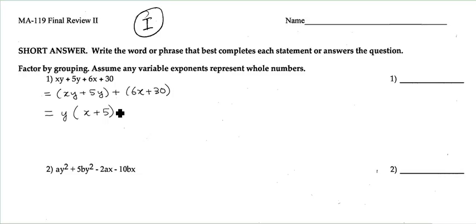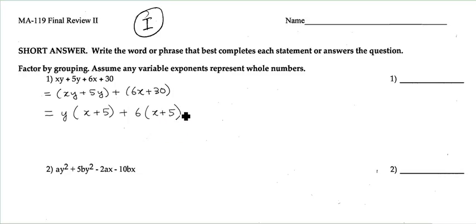That is how we get the x. Original term, 5y divided by y, is how we get the 5. Plus, from the second group, what can we factor out? 6 can be factored out. So the leftover will be x plus 5.